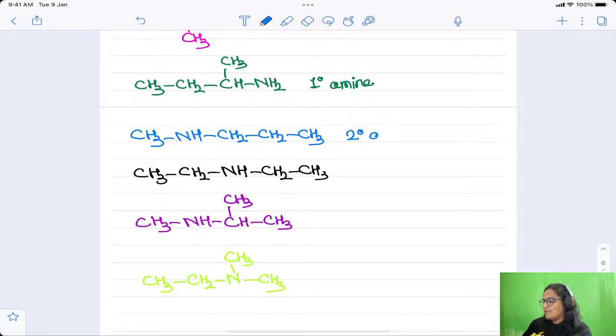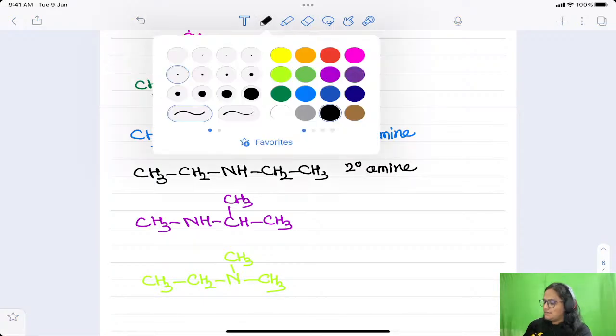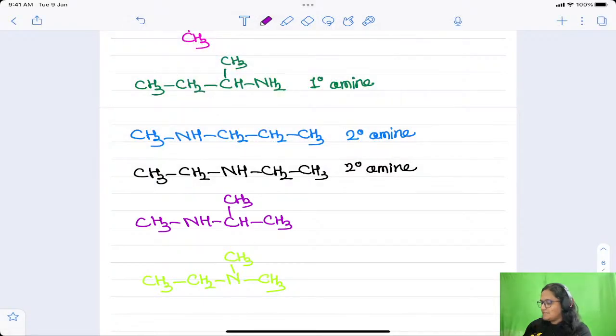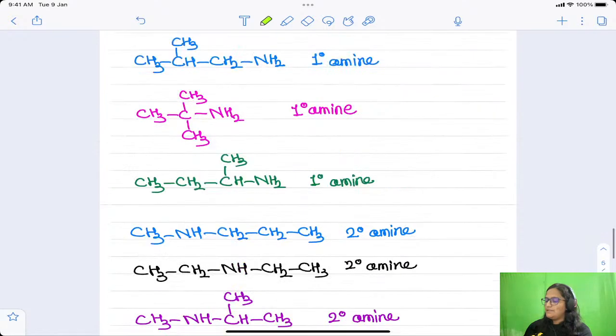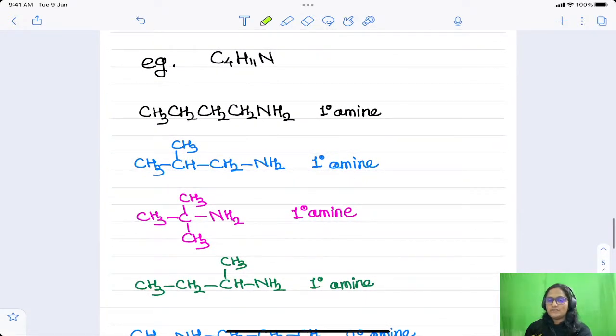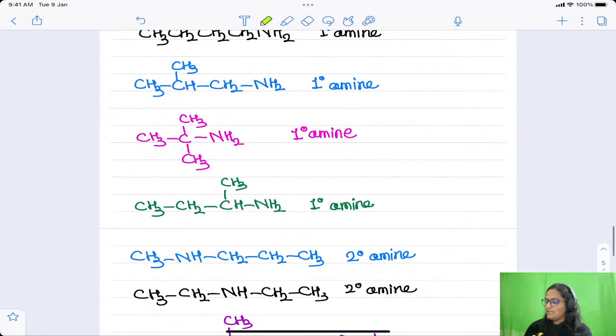The next is also a secondary amine, and the next is also a secondary amine. NH stands for secondary amine. And the last one is the tertiary amine. Only N stands for tertiary amine. So these are the different isomers present in the case of C4H11N.